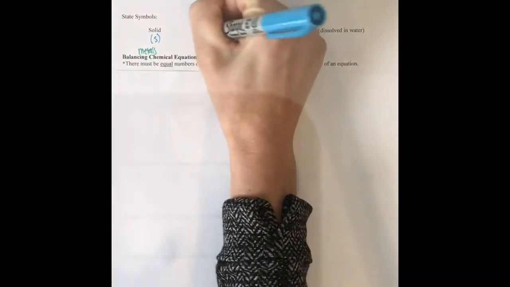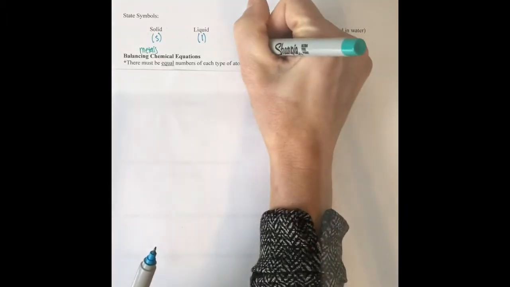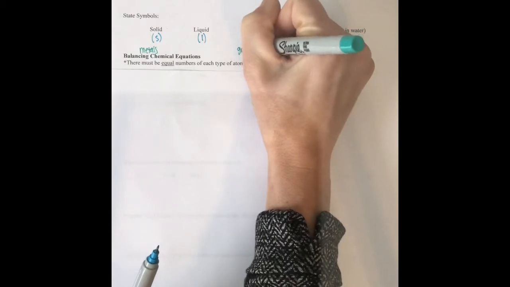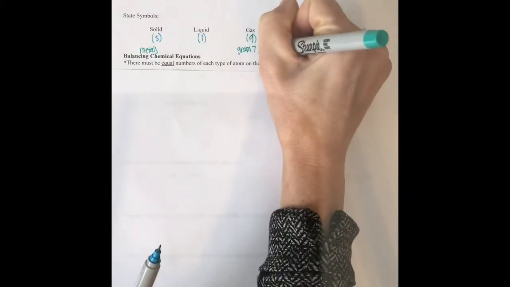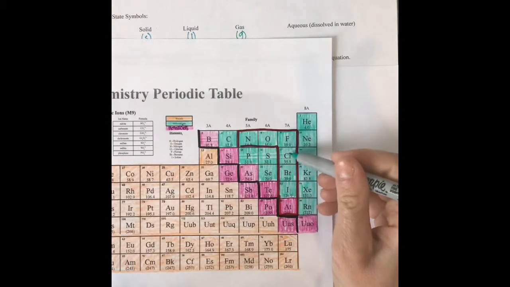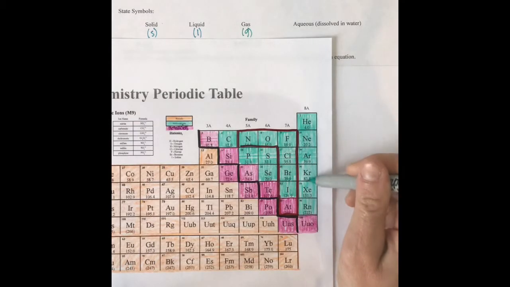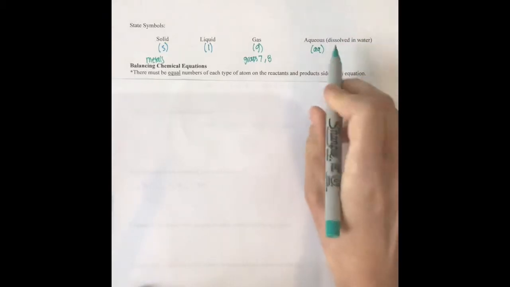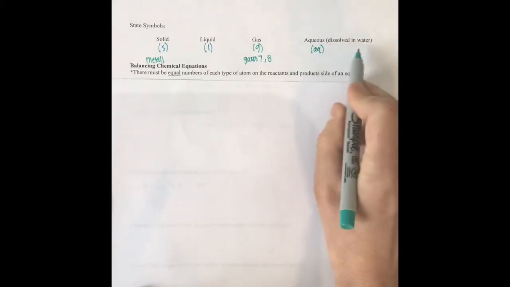Liquids, you're going to see an L. Gases, you'll see a G. And a lot of your gases are found in groups 7 and 8, right here. Fluorine, chlorine, bromine, iodine, and then all of these are going to be gases as well. And then if you see an AQ, that stands for aqueous. And that's just anything that's dissolved in water or a solution.